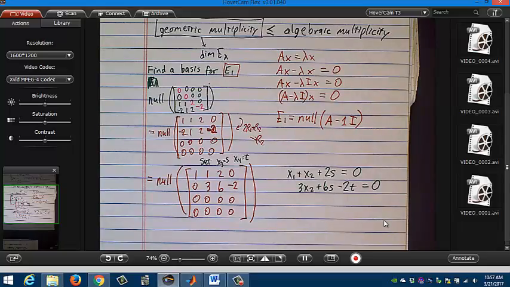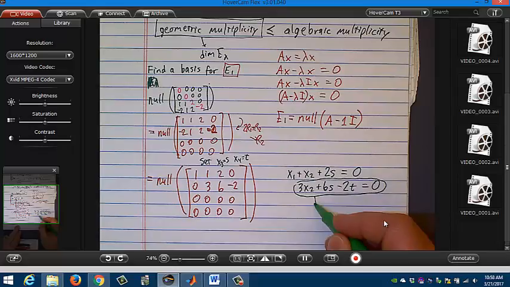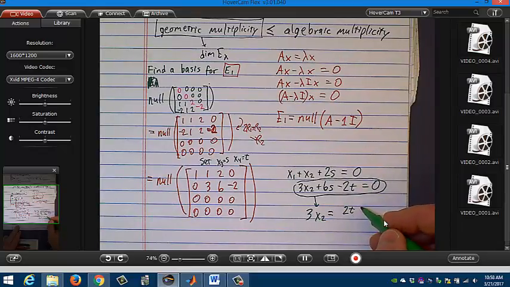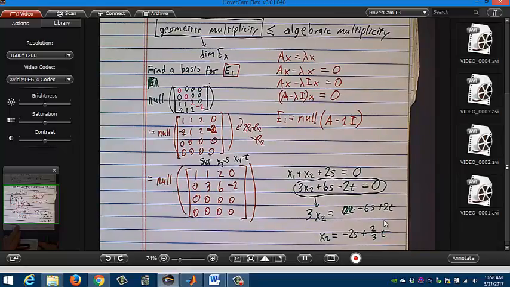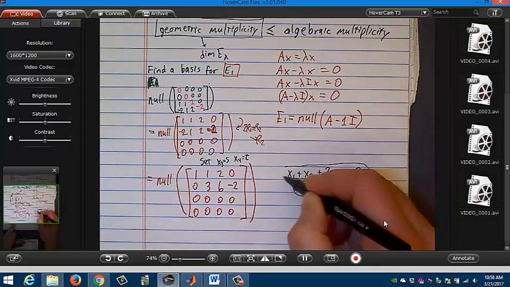So now, here's how I do this. See that equation there? I can solve for x2. I can say that 3x2 would equal, how about I write it as negative 6s plus 2t, right? And so x2 would be negative 2s plus 2/3 t. Is that okay? And now I'll go back to the top equation and rewrite that.